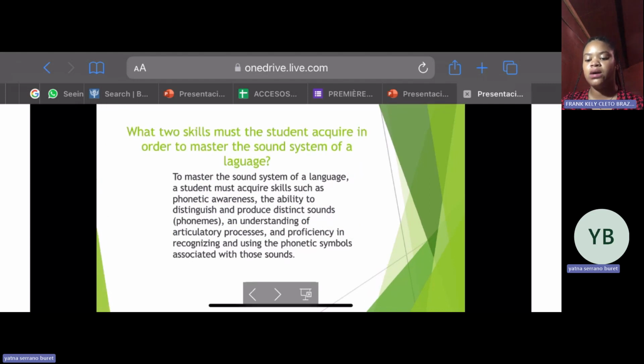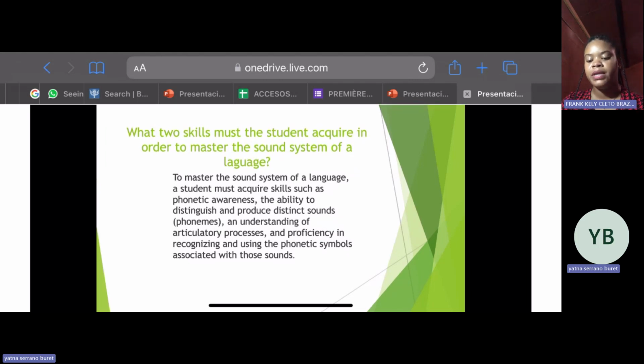To master the sound system of a language, a student must acquire skills such as phonetics awareness, the ability to distinguish and produce distinct sounds, an understanding of articulatory processes, and proficiency in recognizing and using the phonetic symbols associated with those sounds.